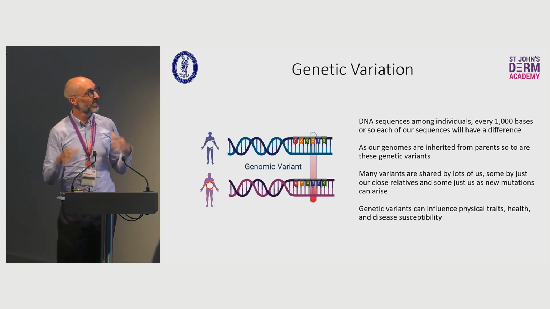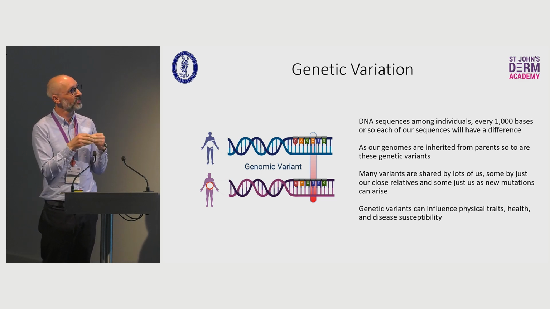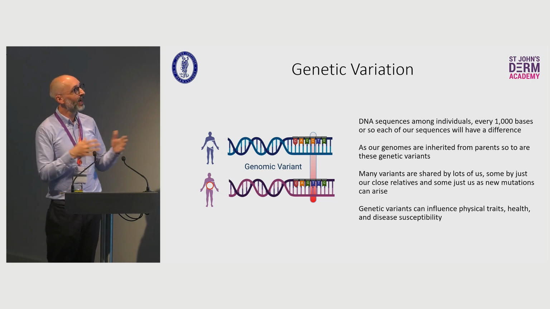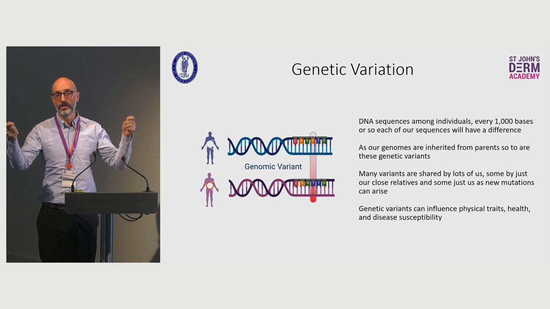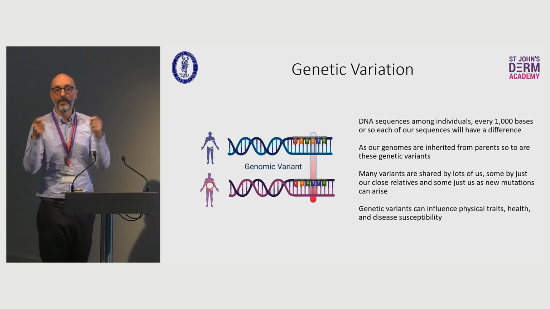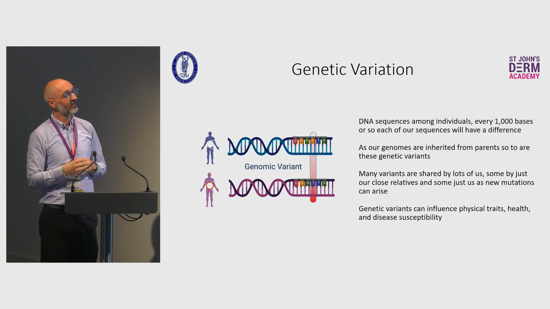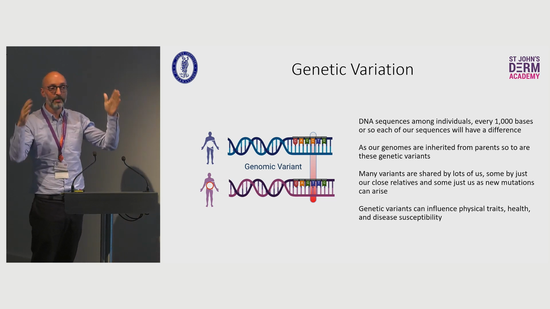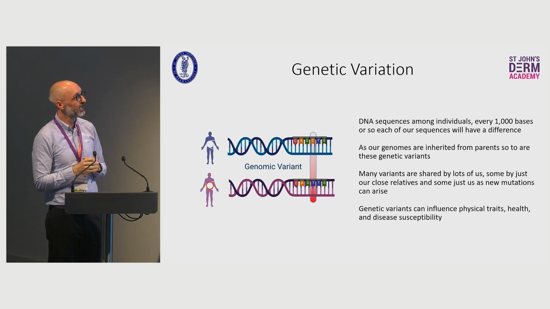But what I'm really interested in is genetic variation. That's positions in the genome which are different between each of us. Around every 1,000 bases within the genome, if we compare the genomes of any 2 of us in the room, there'll be differences. As we inherit our genomes from our parents, we inherit the information that's the same, and then we inherit the variation, these differences in the DNA.